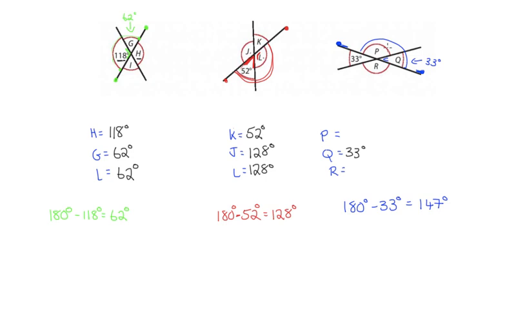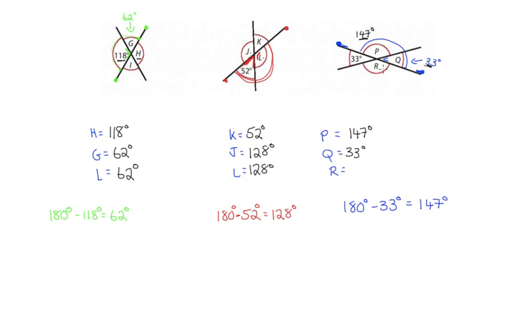So if Q is 33 degrees, P must be 147 degrees, because 147 added to 33 will give us 180. So that is 147 degrees.